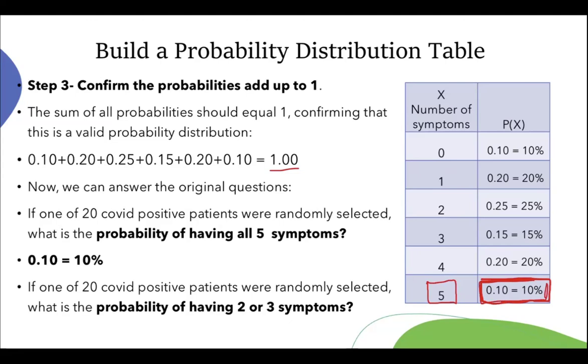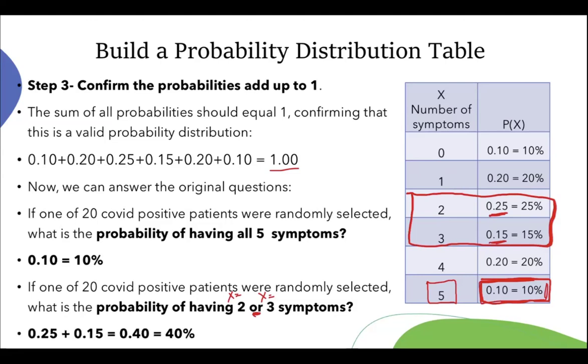So to answer a question that involves multiple values of x, in this case we have an x equal 2 and an x equal 3, we take those 2 values of x and we sum up the probabilities. So since the probabilities here are 0.25 and 0.15, we sum those up to make 0.4, 0.40, which is 40%. So the answer to that question was 40%.